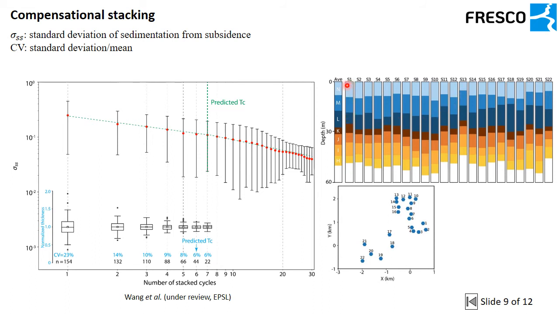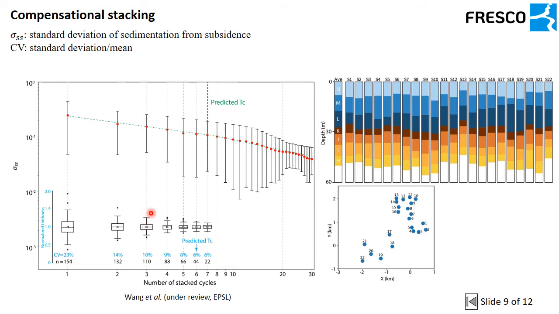But if you combine two cycles as one stratigraphic unit, then it becomes much smoother. And given those thin and thick ones directly on top of each other, we may expect the CV to decrease as we combine more and more cycles as one stratigraphic unit.